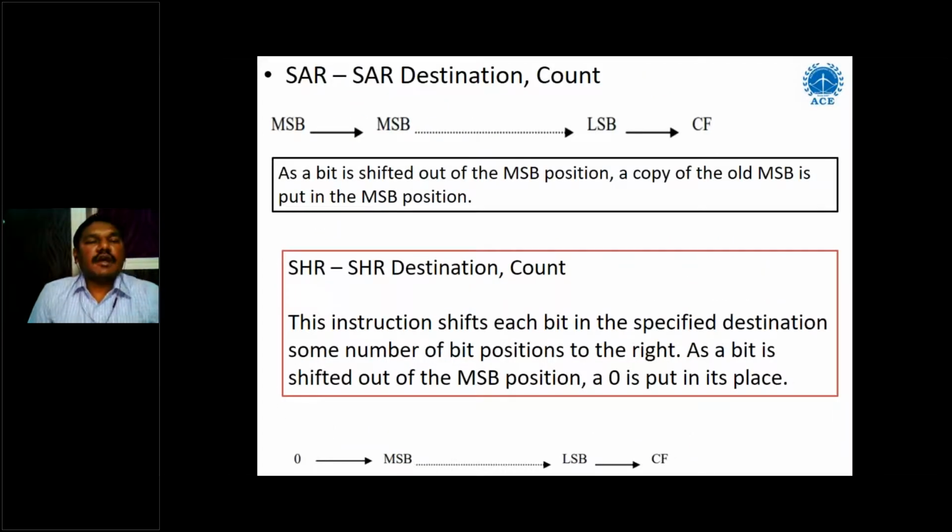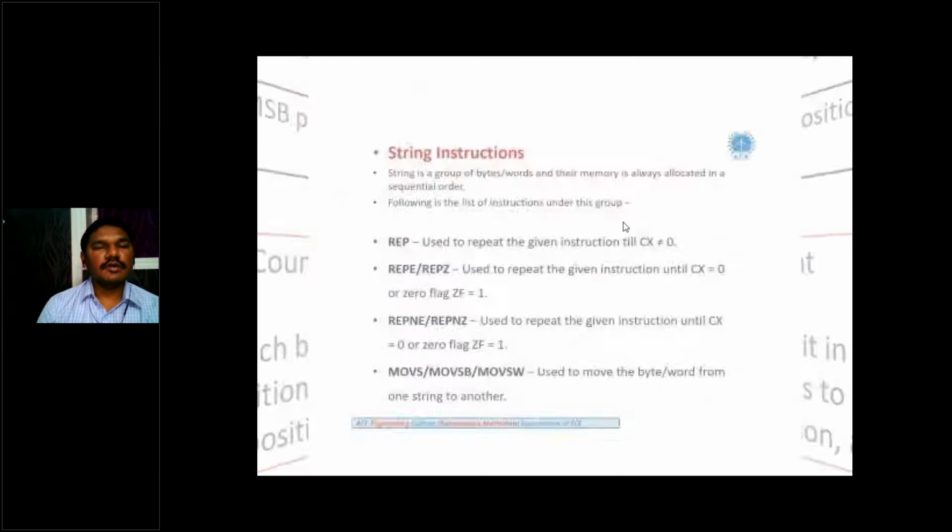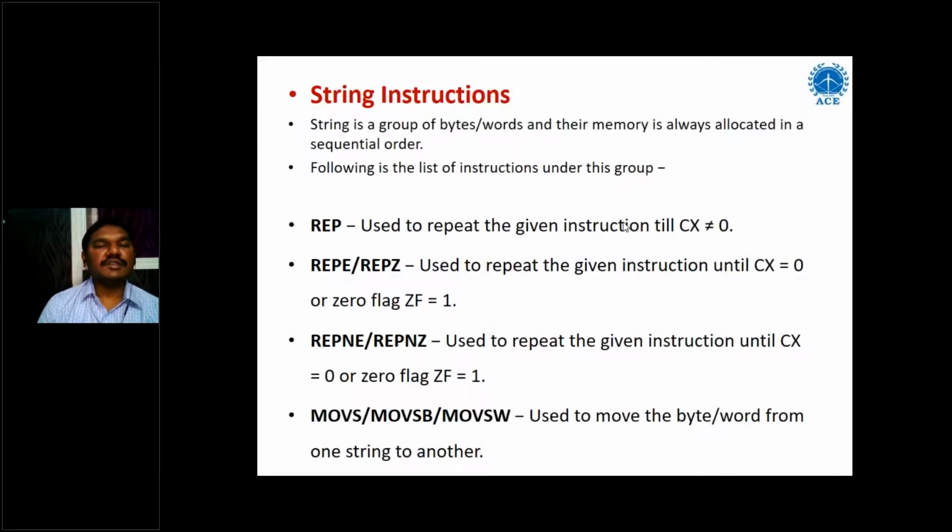Next, SCR. SCR means shift right automatically. So here you can see string operations. String operations means when you want to copy a string of characters to some other location, compare two strings, or find some word in the given sentence, that is what we call string instructions.